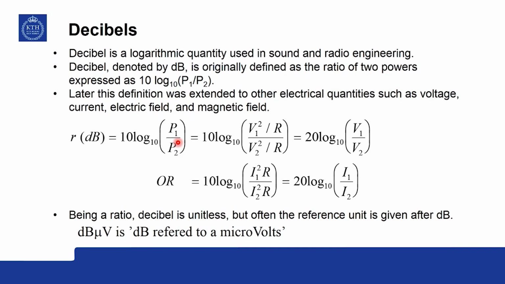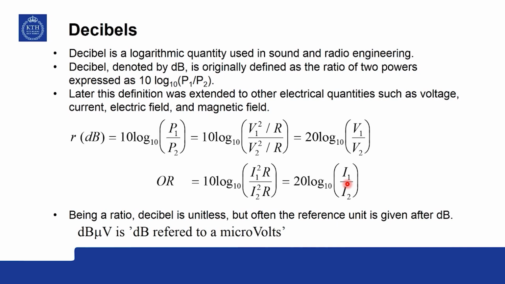The reason for that is that, say for example, power is given by voltage squared by R, where R is the resistance, or I squared R, I is the current. So, here you can see V squared and here you can see I squared, then this 2 is taken over here to become 20 log V1 by V2 or 20 log I1 by I2.